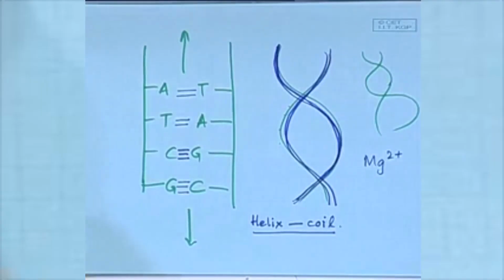Again, disrupt the stability of the DNA, either the electrostatic repulsion or the hydrogen bonding or the stacking interaction. Whichever type of interaction is disrupted will result in the separation of the chains. Okay?